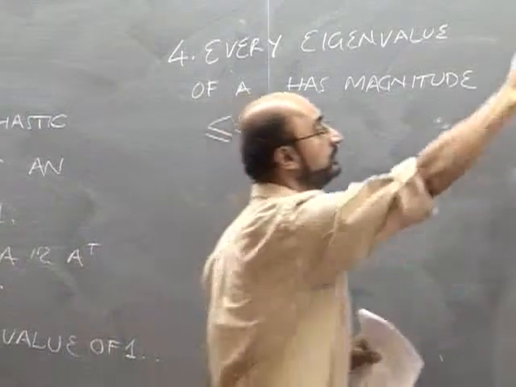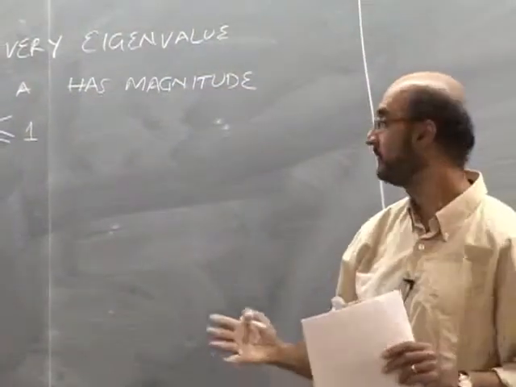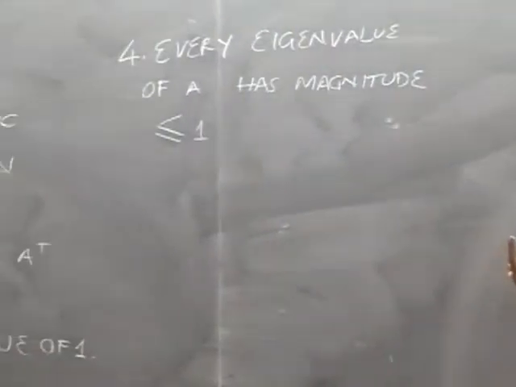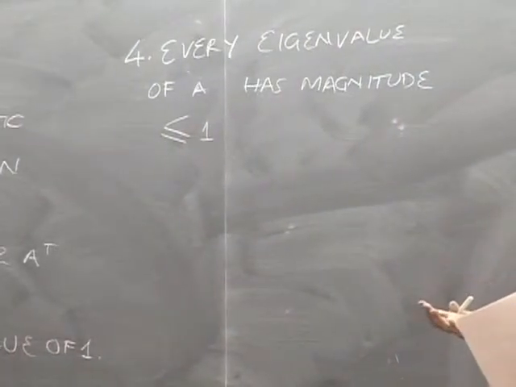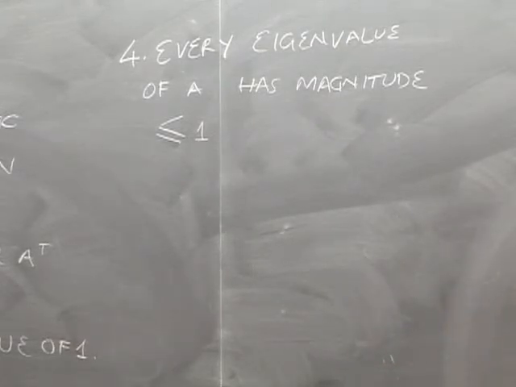Okay, so what I'm saying is that not only do I have at least one eigenvalue of 1, because it could be repeated, moreover, every eigenvalue has to be smaller than or equal to 1.